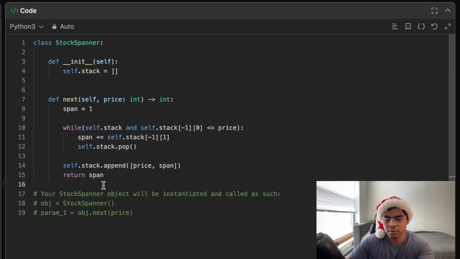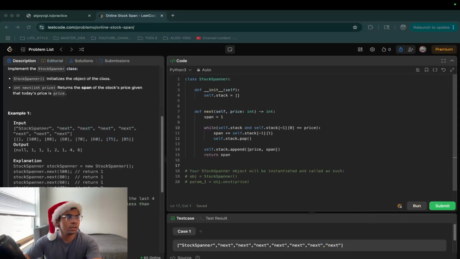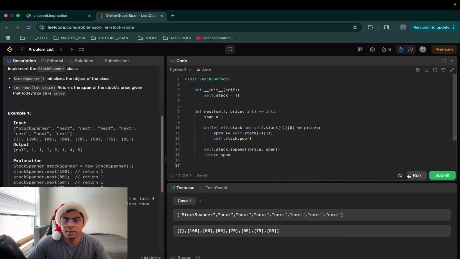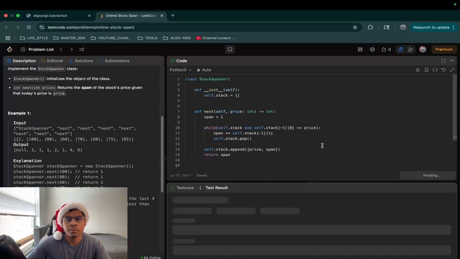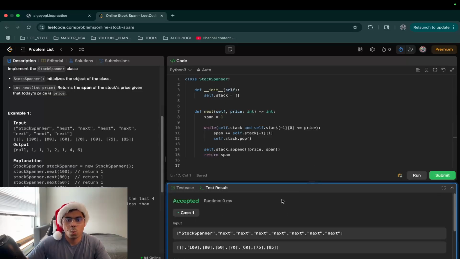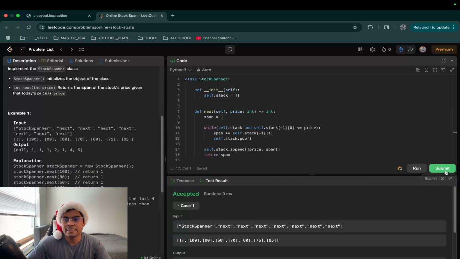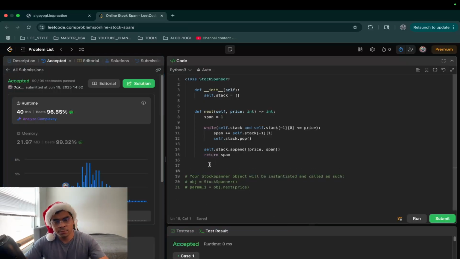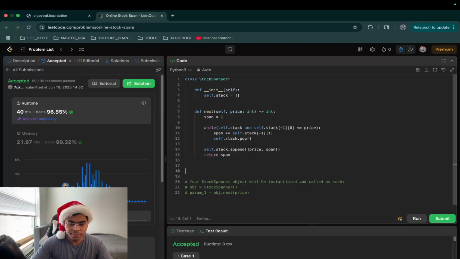So I think this is it. Let's zoom out and run it on our example test cases. Well, it's accepted. Let's submit. All right, so what's the time complexity?